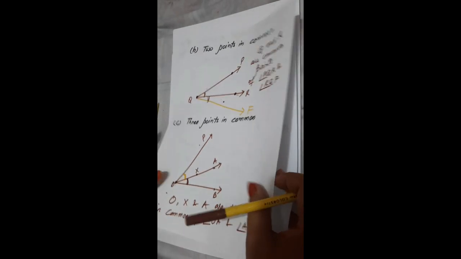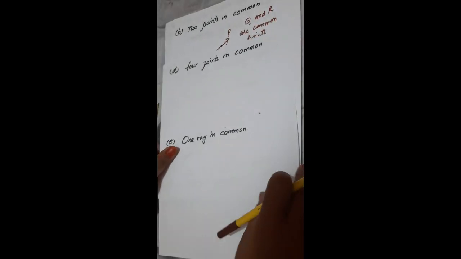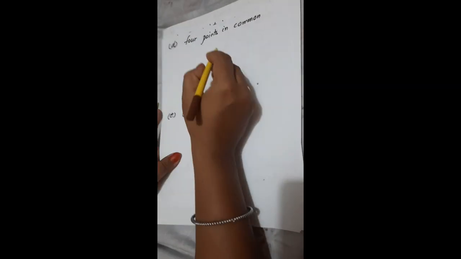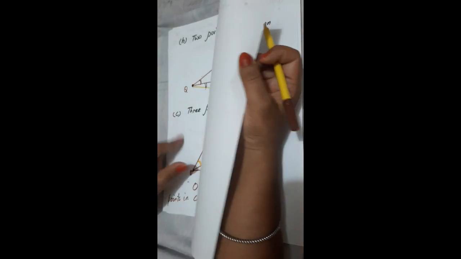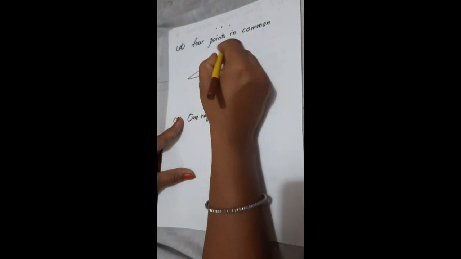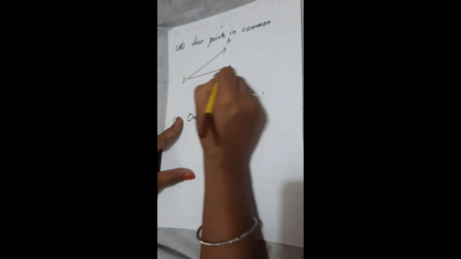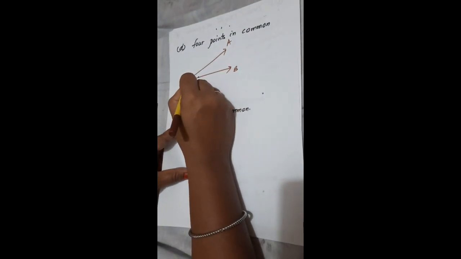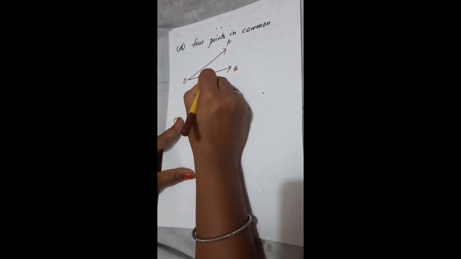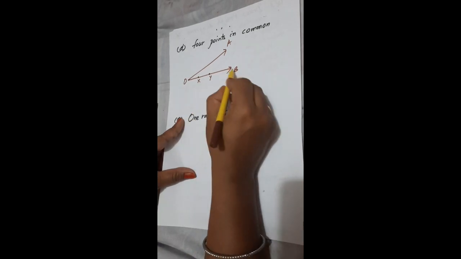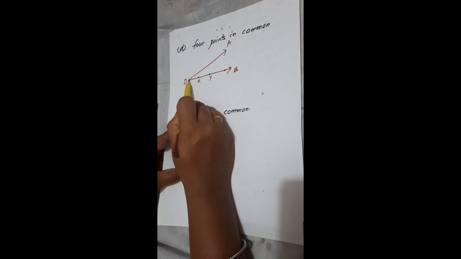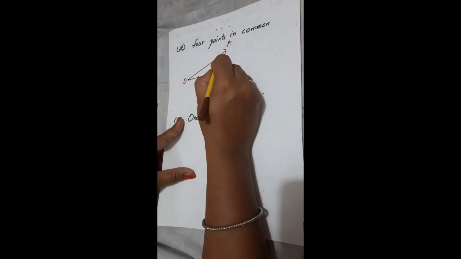So next we have D part, 4 points in common. Similarly as we did in part B and C, draw the first angle. Let AOB be the first angle, with this as the first point, X, Y, and this is the fourth one. So how many points? 1, 2, 3, 4.